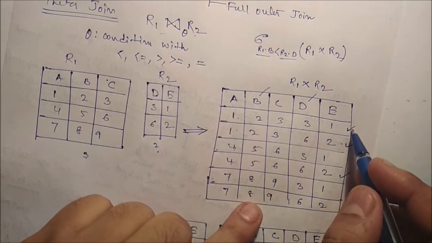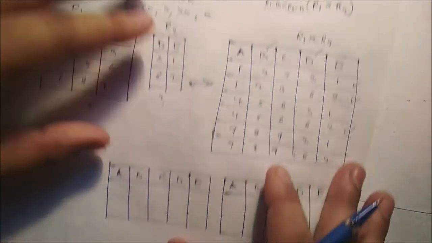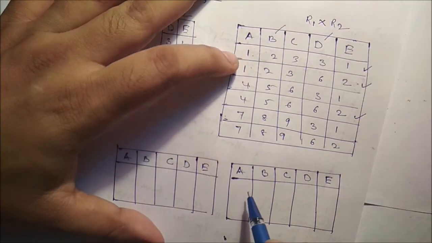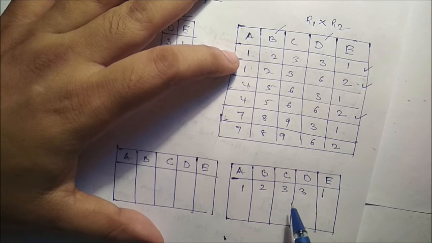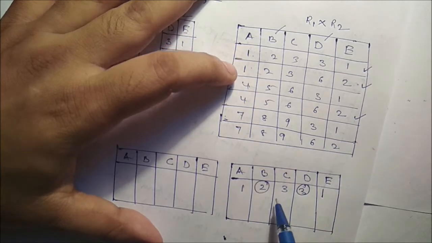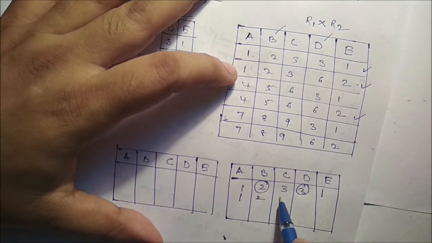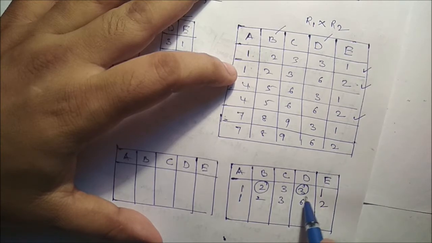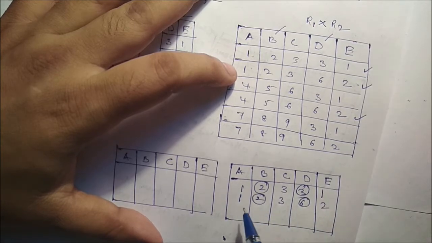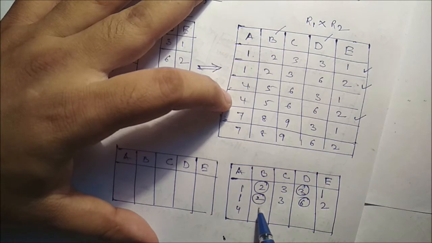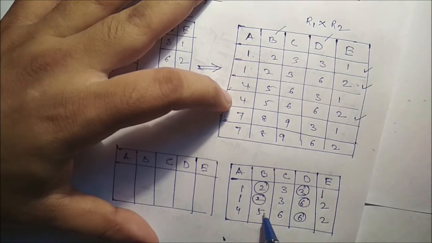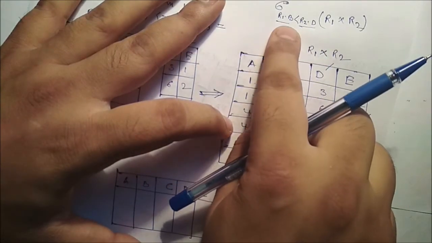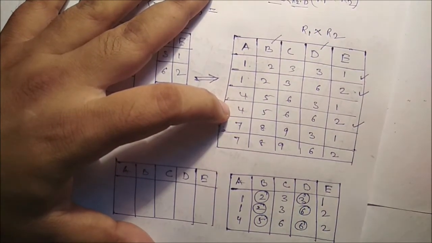So we have to select only these 3 rows. The output will be 1, 2, 3, 3, 1, where B is less than D. Next 1, 2, 3, 6, 2, where 6 is greater than 2. Then 4, 5, 6, 6, 2, where D is greater than B.